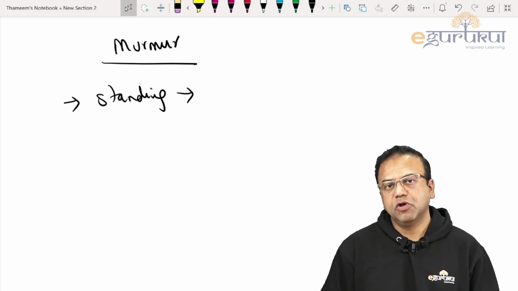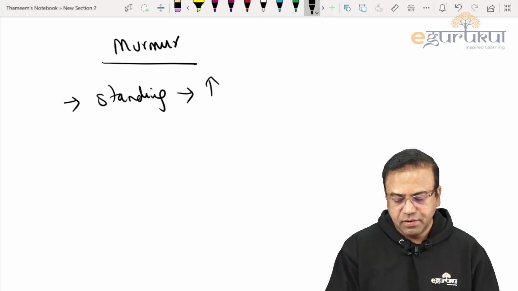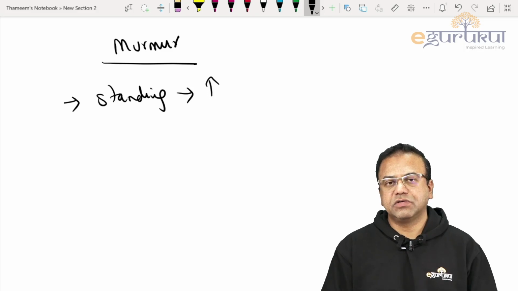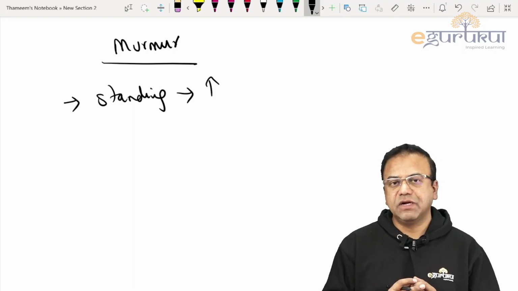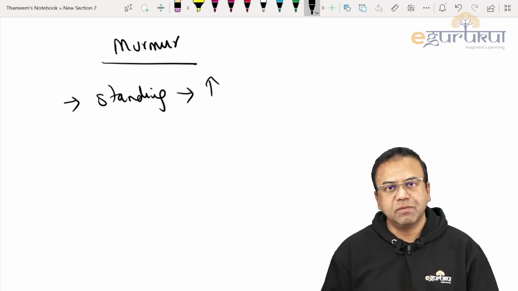However, in HOCM, when you make the patient stand from supine, you notice the murmur actually becomes louder. The reason for that is partly that the venous return to the heart becomes lesser. There's more pooling of blood in the lower limbs, and the blood passing through the heart will decrease. And I already told you, the lesser the blood, the louder the murmur.